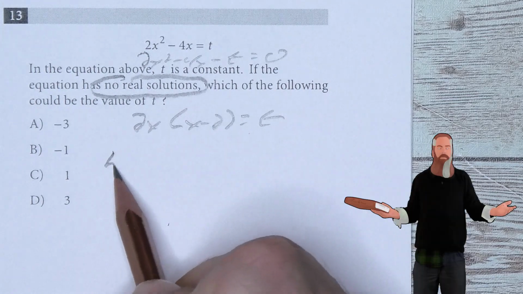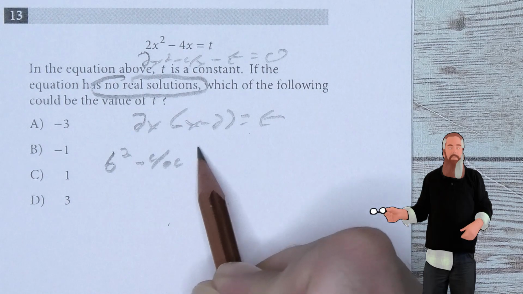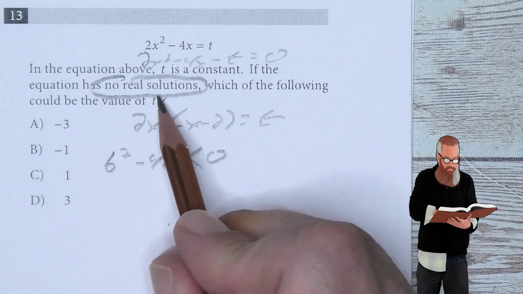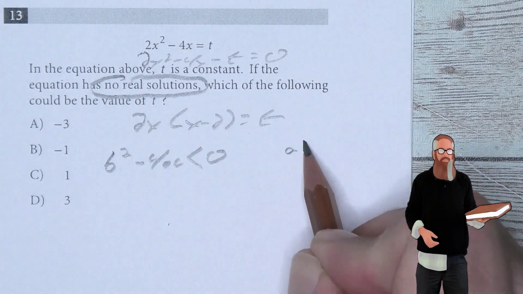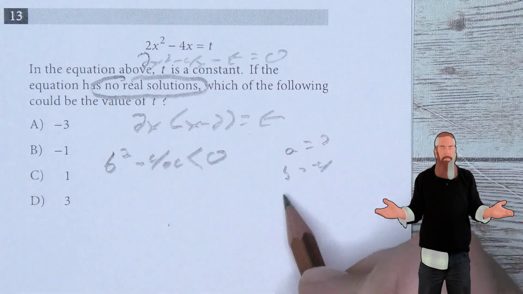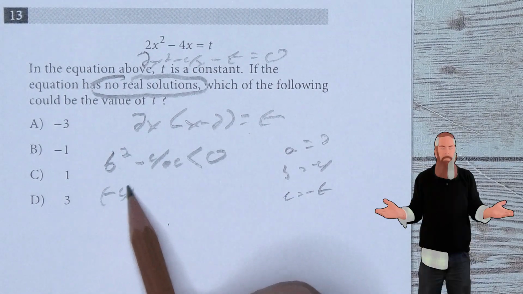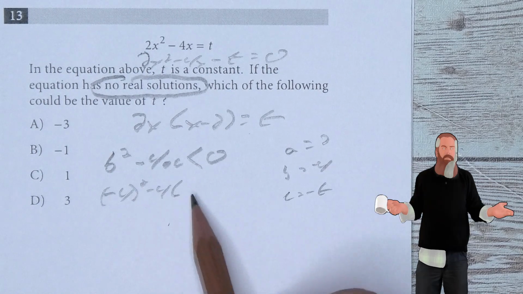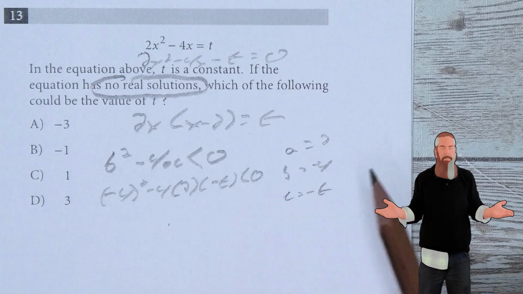Let's look at discriminants, where b squared minus 4ac must be less than 0 if we're talking about no real solution. We know in this original equation that a is 2, b is negative 4, and c is negative t. So this would give me negative 4 squared minus 4 times 2 times negative t is less than 0.